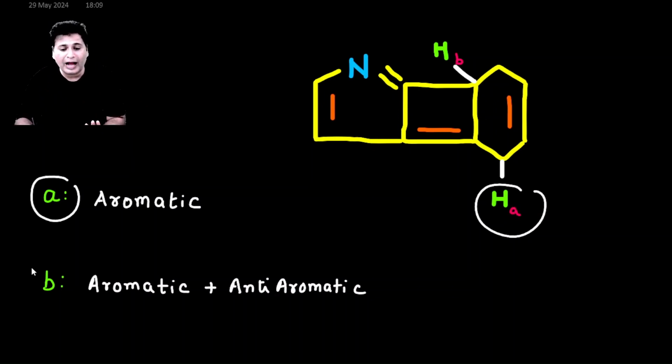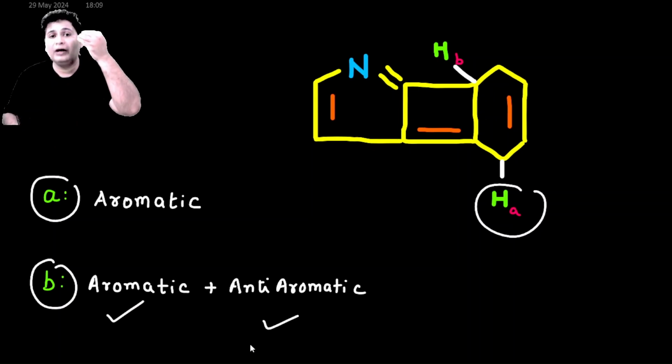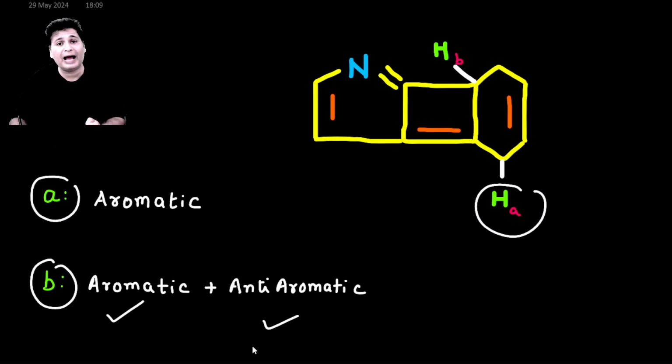However, once you have removed hydrogen number B, then you got the goodness of aromaticity, but the bad behavior of anti-aromaticity also was in action, and it wipes out the goodness of the aromaticity. So that is a drawback of the removal of hydrogen number B.